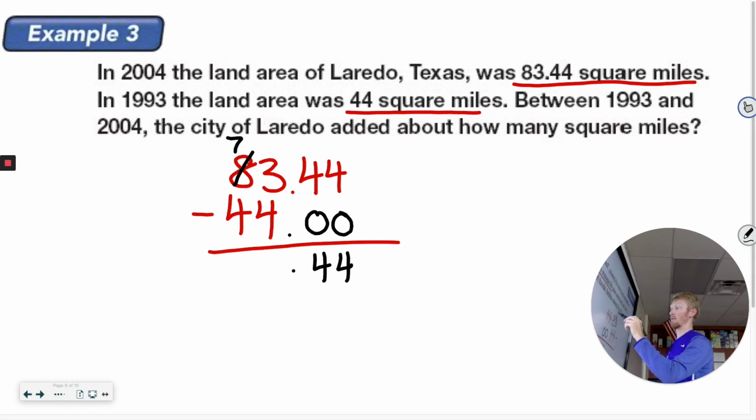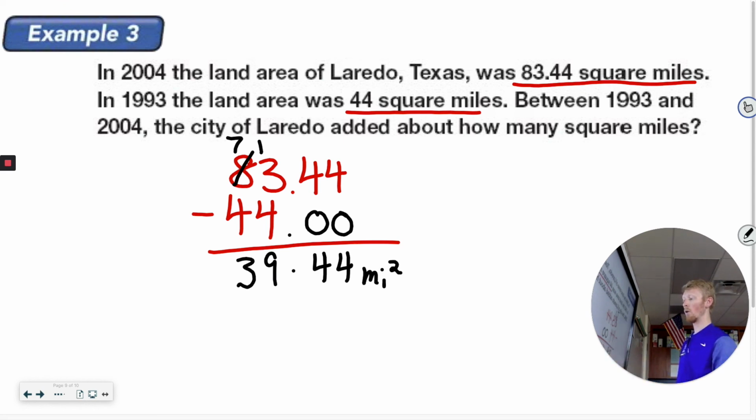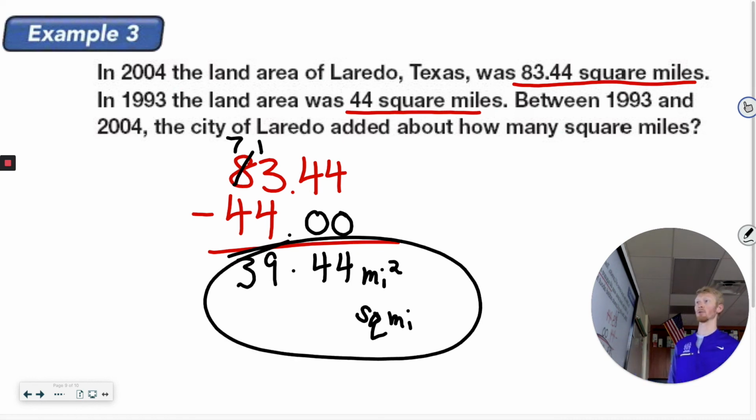It becomes a 7, that becomes a 13. 13 minus 4 is 9, 7 minus 4 is 3. So 39.44 miles squared, or you could write square miles would be how much it grew between those 2 years.